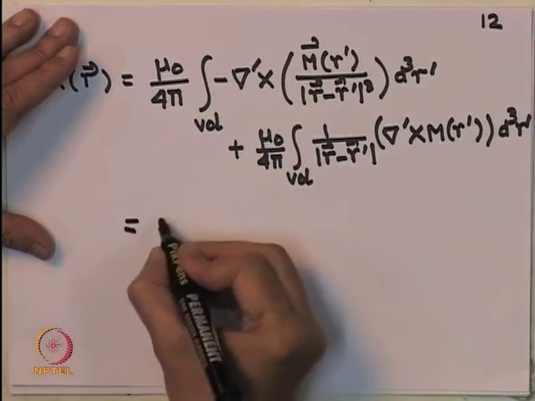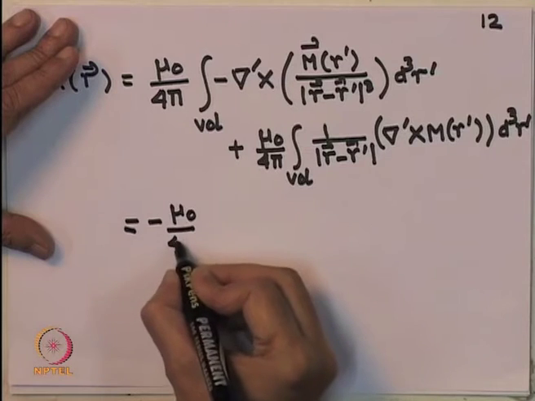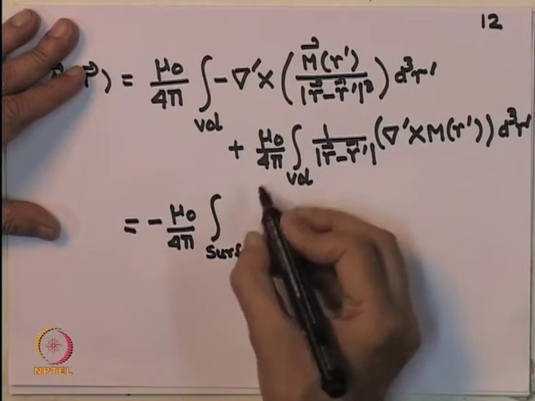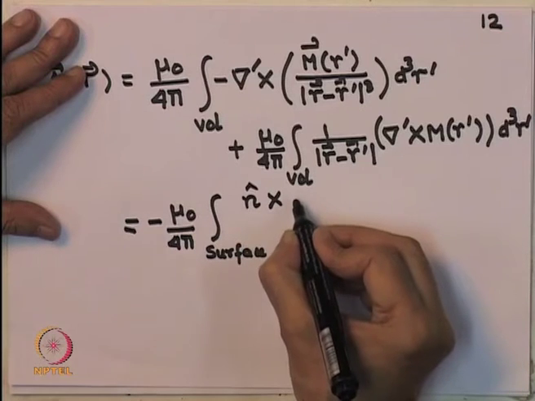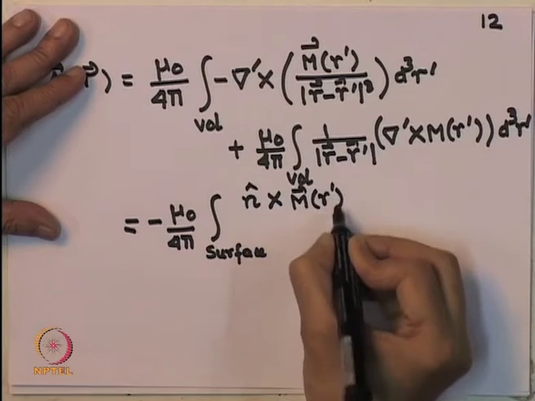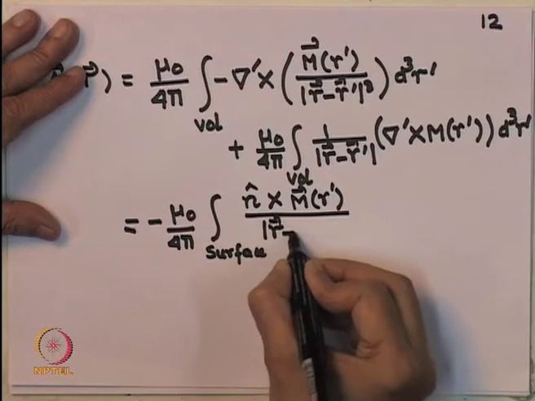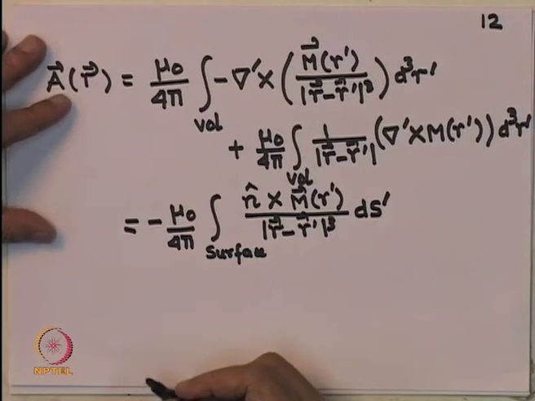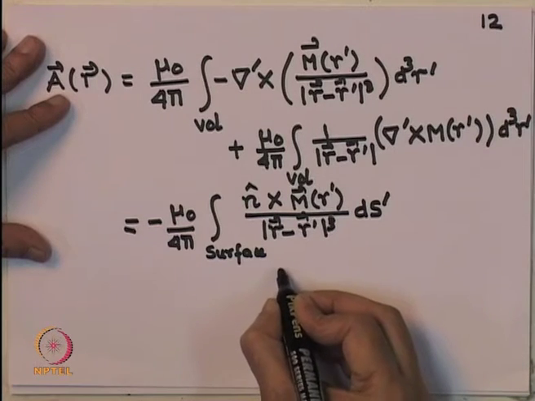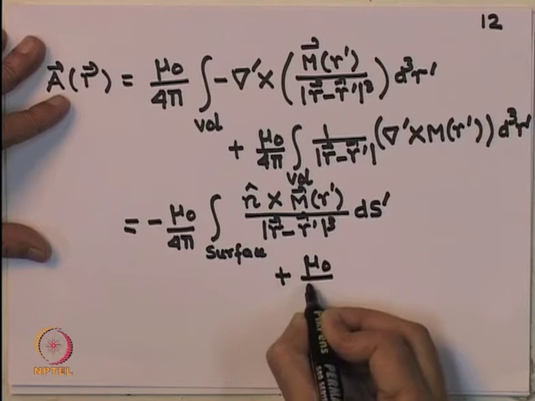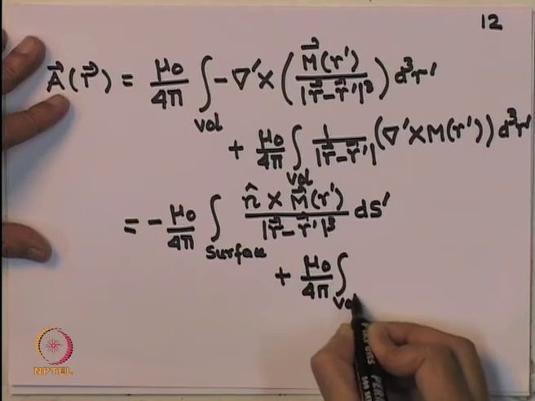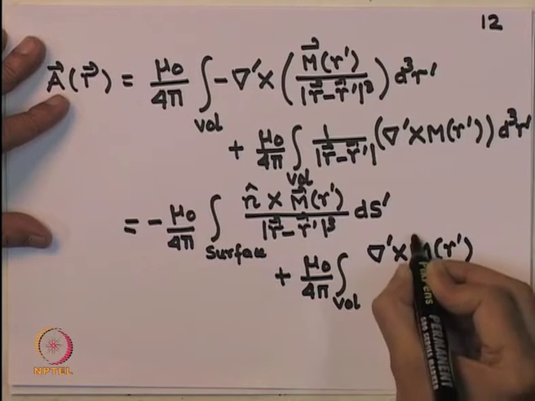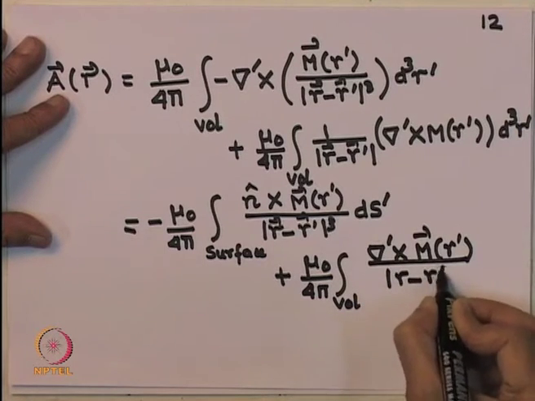So, this will give me, minus sign is already there, minus mu 0 by 4 pi, integral over surface of n cross m of r prime divided by r minus r prime cubed, ds prime, prime because I am always putting prime over that, and the next one I simply write the way it was, mu 0 by 4 pi, integral over volume, del prime cross m r prime over r minus r prime, d cube r prime.